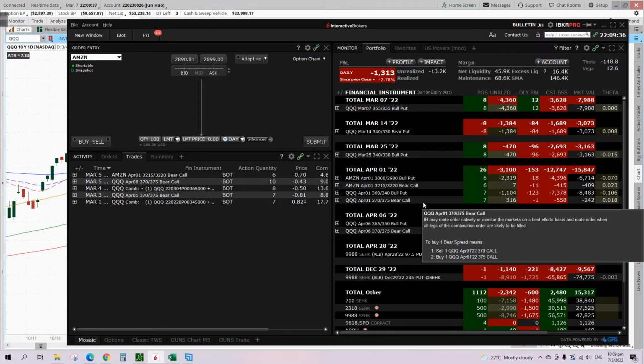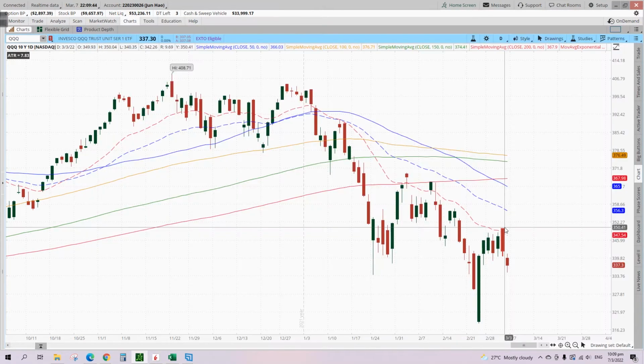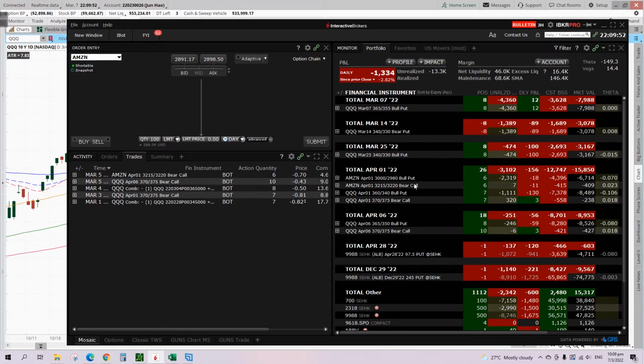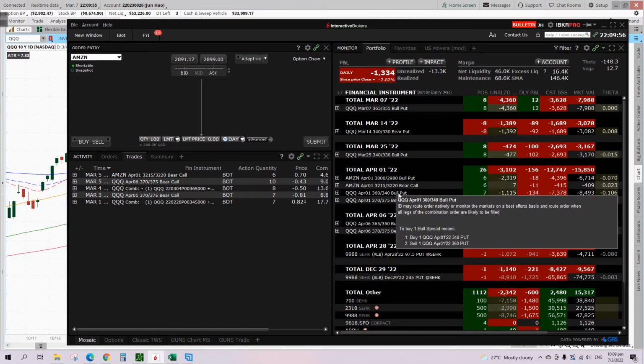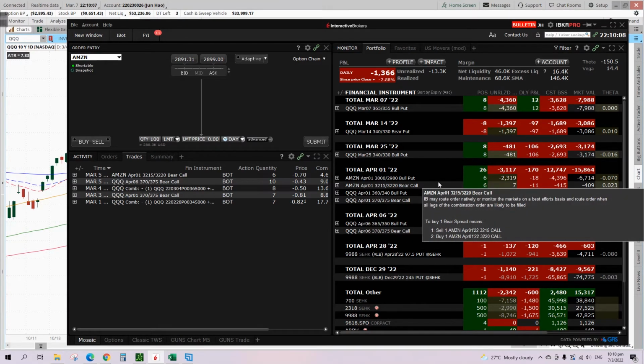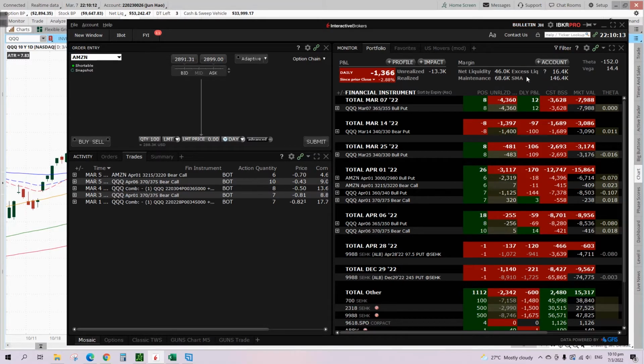Like what I pointed out in the previous video, ever since the development of this bearish candle on the 20 EMA, I've started to take bear call spreads on my trading portfolio to hedge against further bearishness, and at the same time to earn some premium so that I can continue to roll my losing bull put spreads, and also earn my account some excess liquidity. Otherwise, you can see net liquidity has been dropping a lot, and my maintenance now way exceeds my net liquidity already.